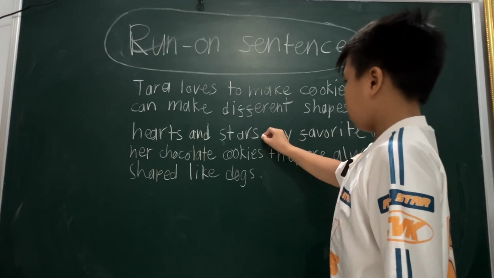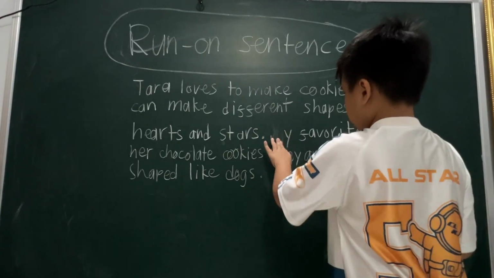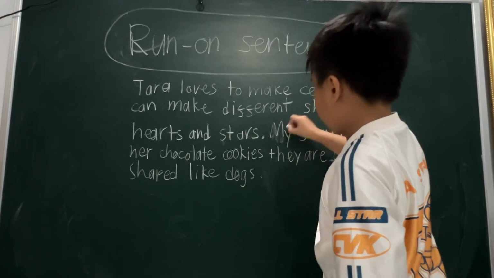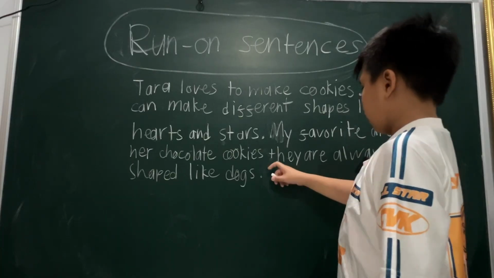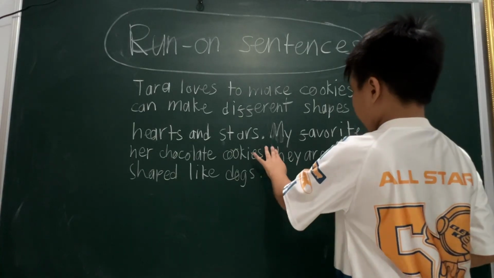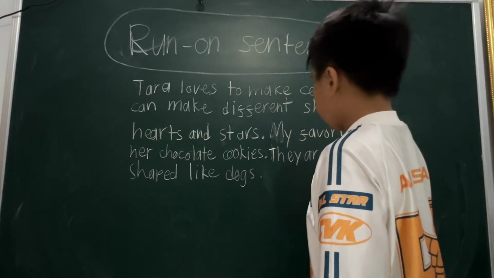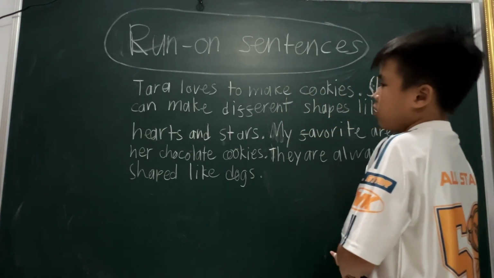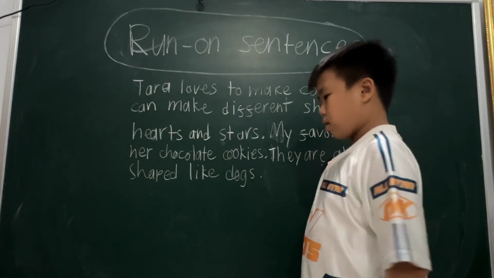Oh, this looks like a good place too. My favorite are her chocolate cookies. This looks like a good place too, if you ask me. They are always shaped like dogs. Okay, quite good. Now, let's do the comma.